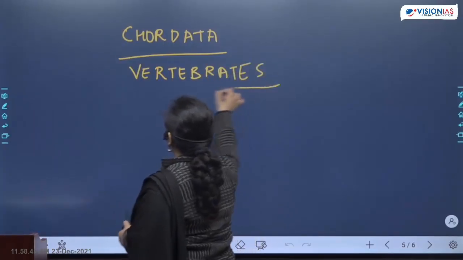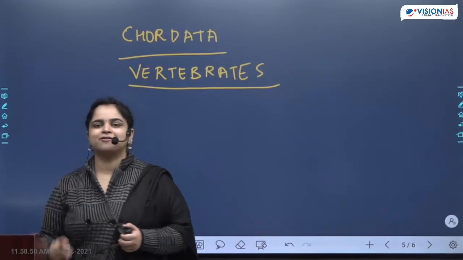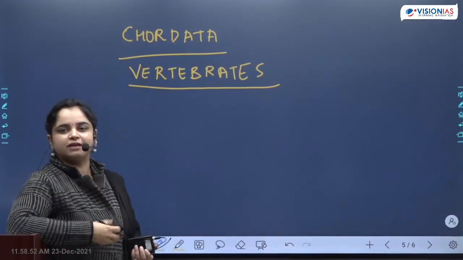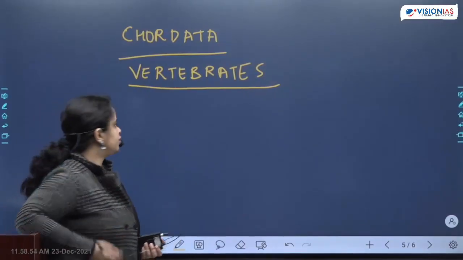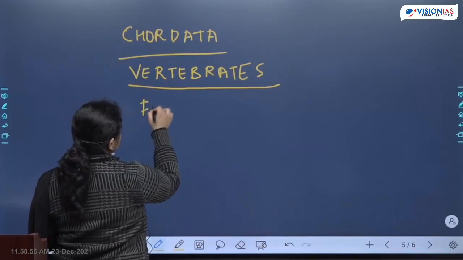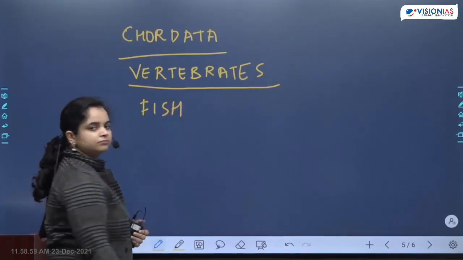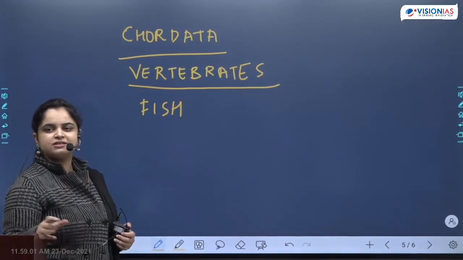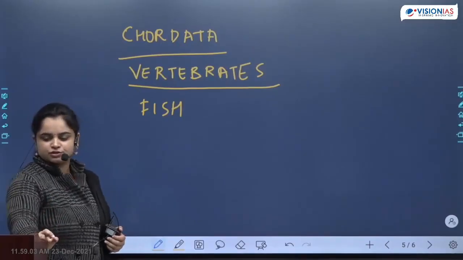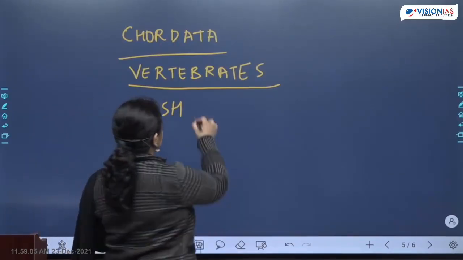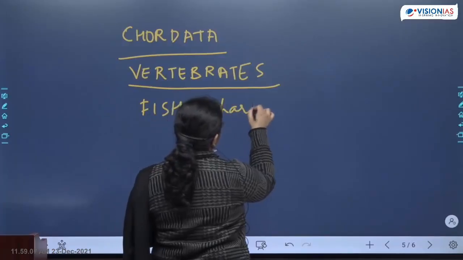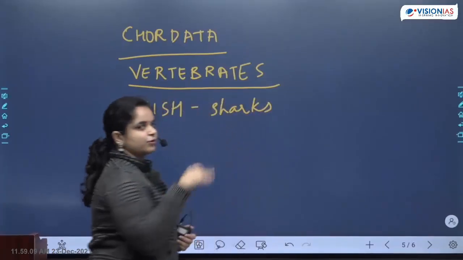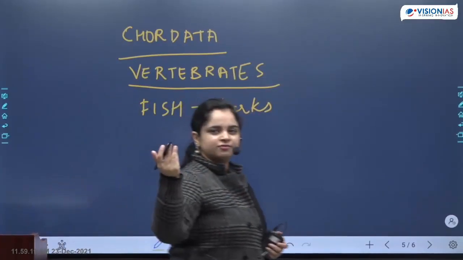And if we talk about vertebrates, the first organism which developed or which evolved or came into being, that is the fish. First we had the fish. Now in fish, you can have examples like sharks, or if you eat fish, then you will have a lot of examples.